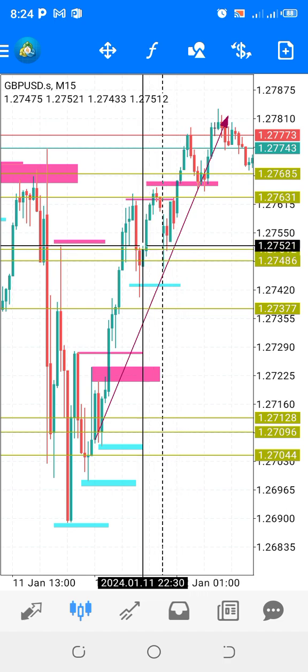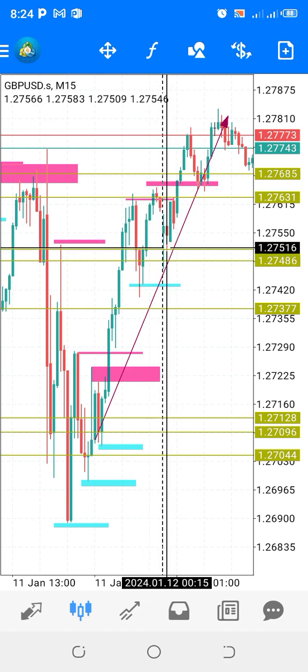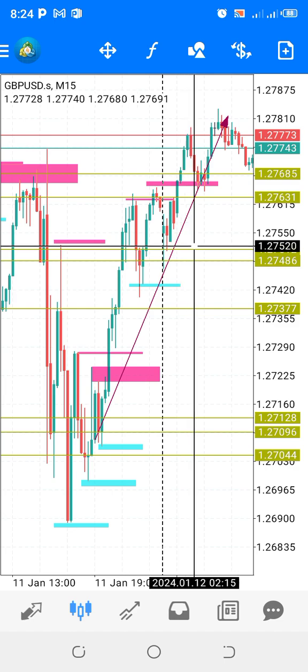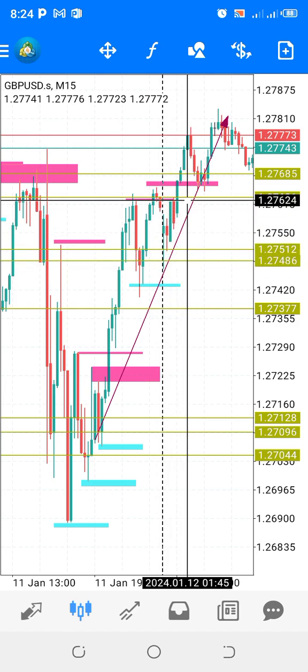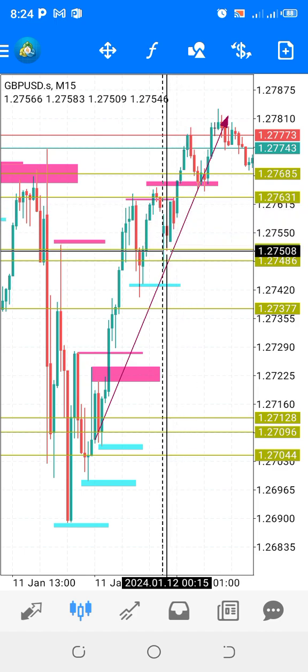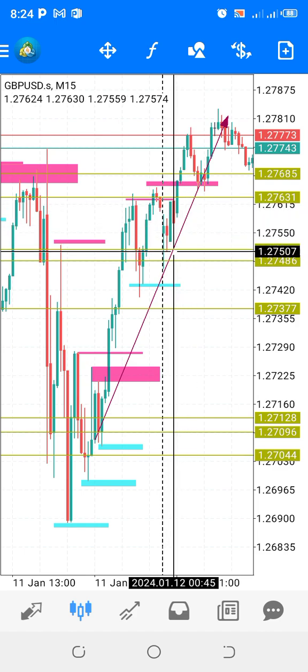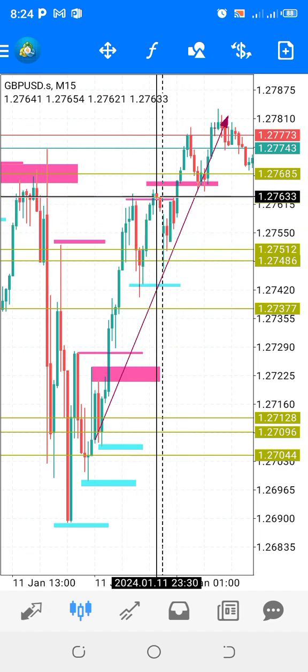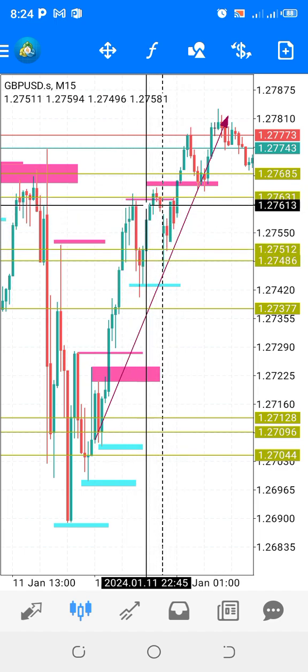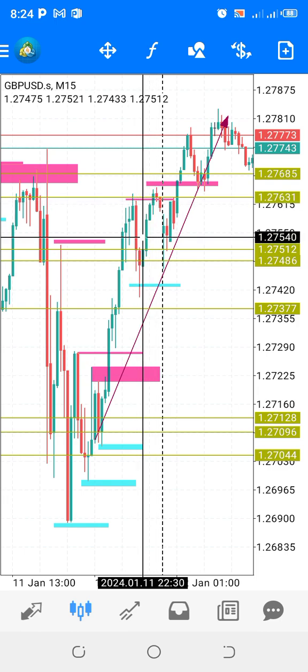So the market came down to retest the turning point, rejected the turning point, and made the move back up. So your entries from the previous turning point to its break is also a consolidation zone. Remember that that was its impulse break level and its turning point.